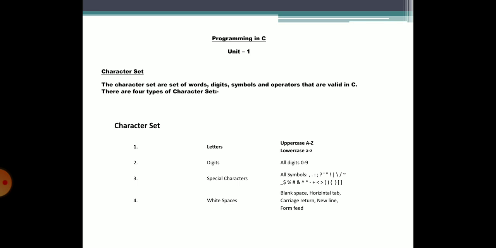White spaces include the blank space, horizontal tab, carriage return, new line, form feed, etc. A C program can make use of all these symbols, numbers, letters, special characters, and even white space.